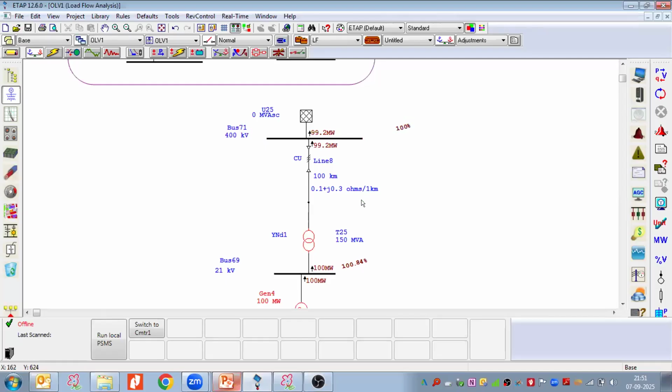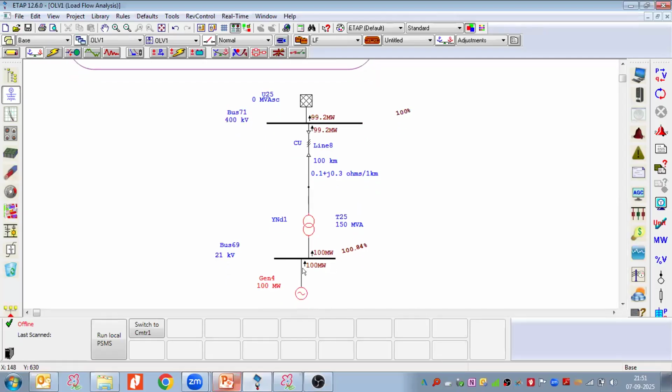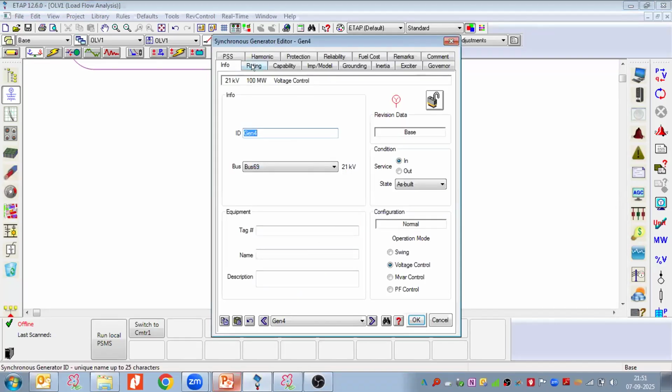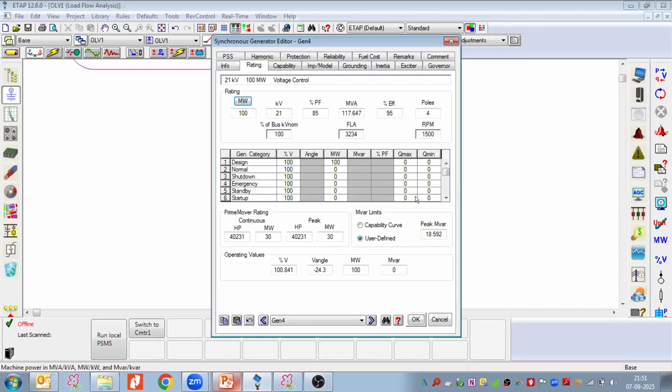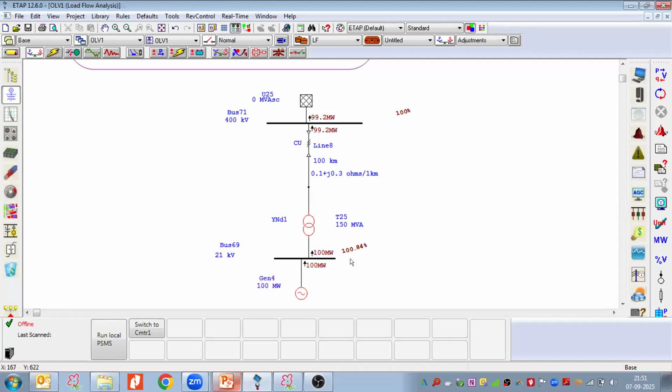What we can see over here is that in the voltage control mode, Qmax and Qmin, which I put as 0, and if we see here, the generator terminal voltage is increased from 100 to 100.84%, and there is no reactive power flowing.